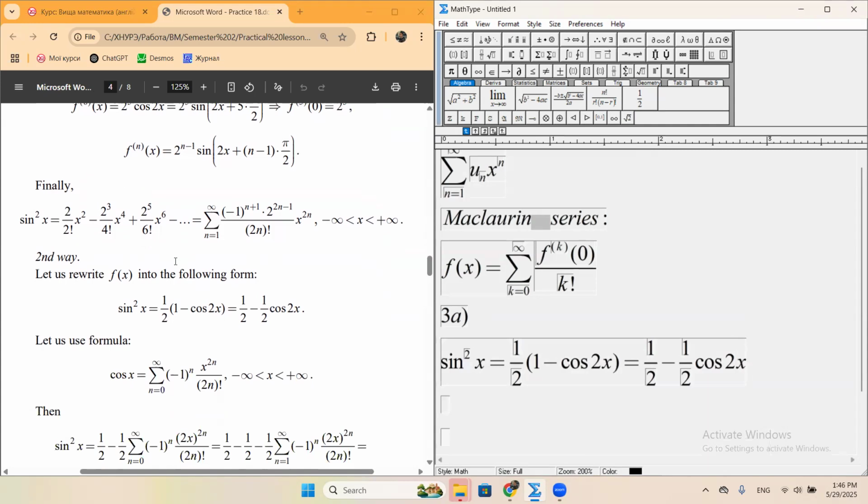And we will use the standard expansion of the cosine. Cosine of x will be expanded by the following formula: the sum for n from 0 to infinity of minus 1 in power of n, x in power of 2n, divided by 2n factorial.